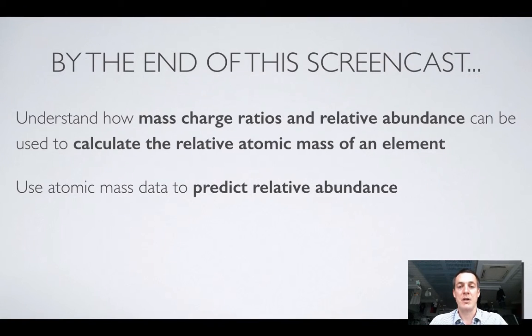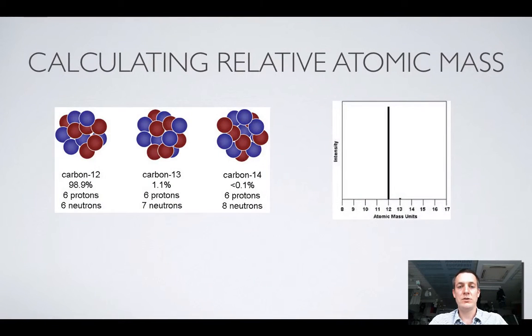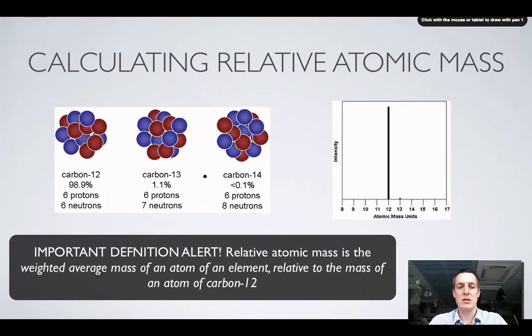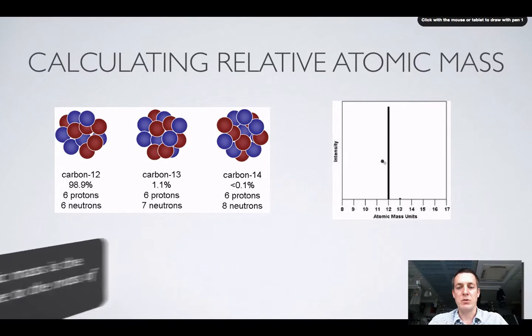of an atom. Okay, so let's start off by looking at carbon and what a mass spectrum of carbon would look like. So in other words, if I took a sample of carbon and put it in my mass spectrometer, which I don't have at home because they're very expensive machines, here's what the mass spectrum would look like.